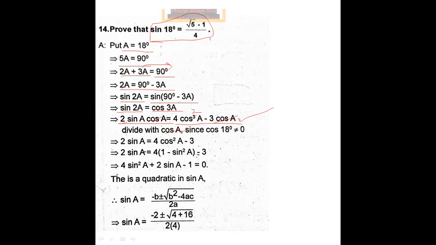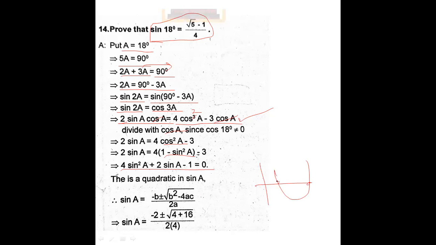Now, cos square A can be written as 1 minus sin square A. Open the bracket, simplify and send it. So this is in the form of a quadratic equation, a x square plus b x plus c. Now, in order to find the roots, we have a formula.